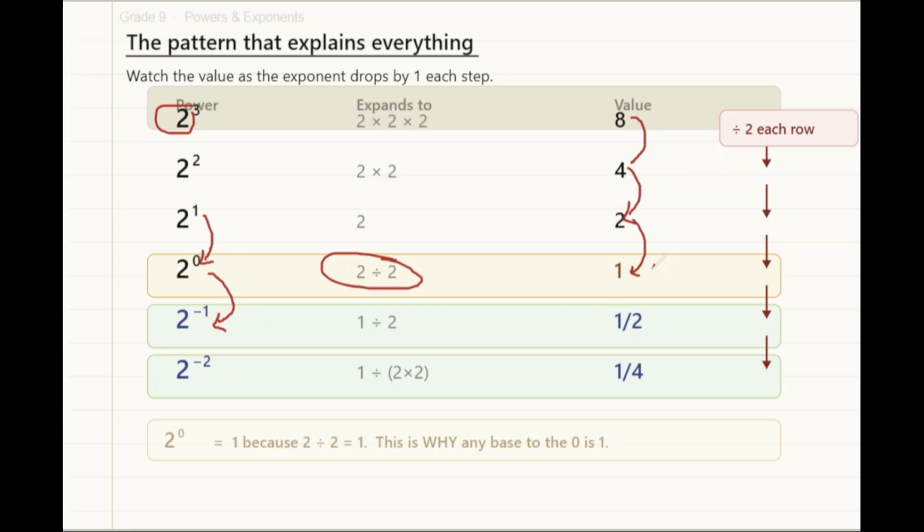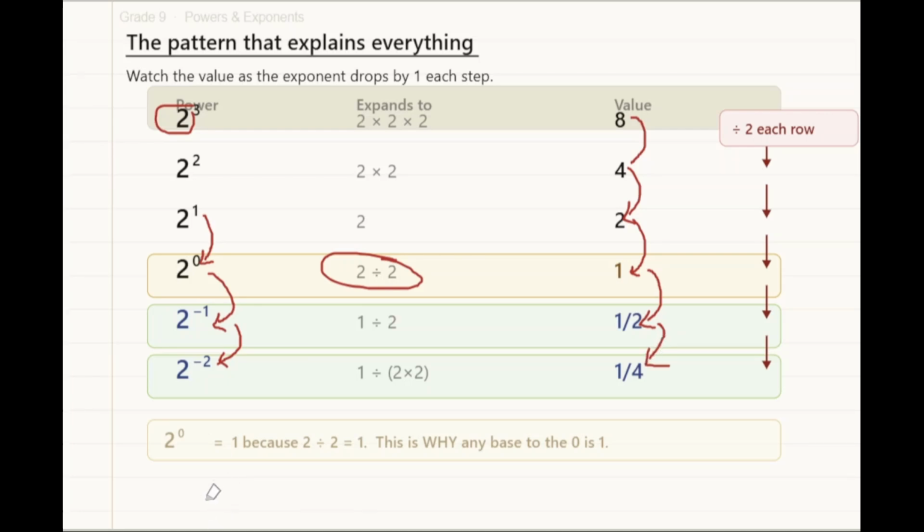And here, with the same pattern, you divide this number by the base, which is 2, and you get 1 by 2. When you go further down, you drop the exponent by 1, so it becomes minus 2, and you divide this number, 1 by 2, by 2 to get 1 by 4.